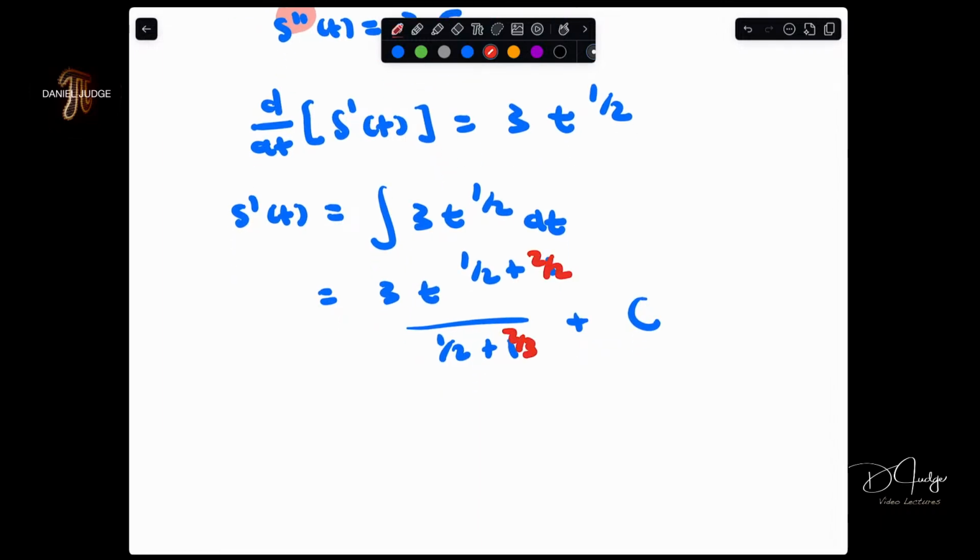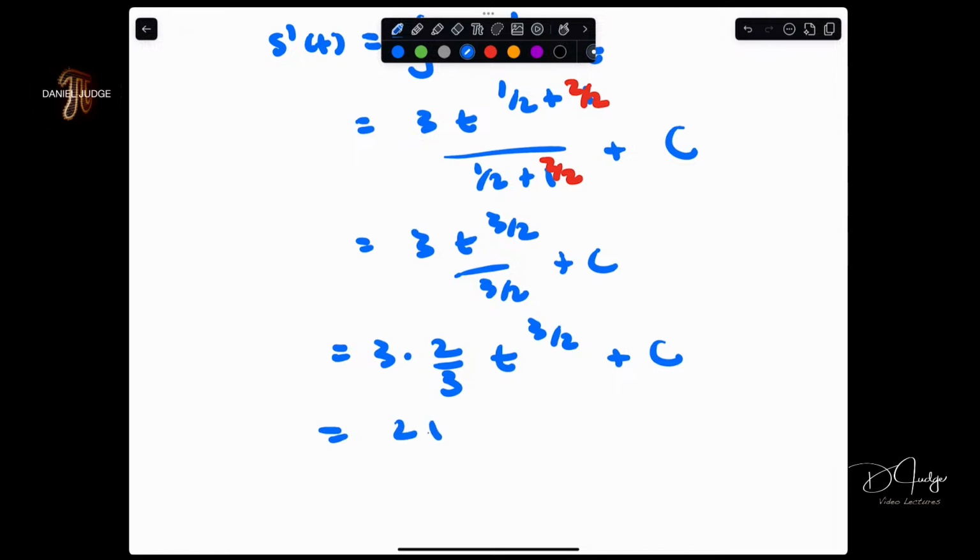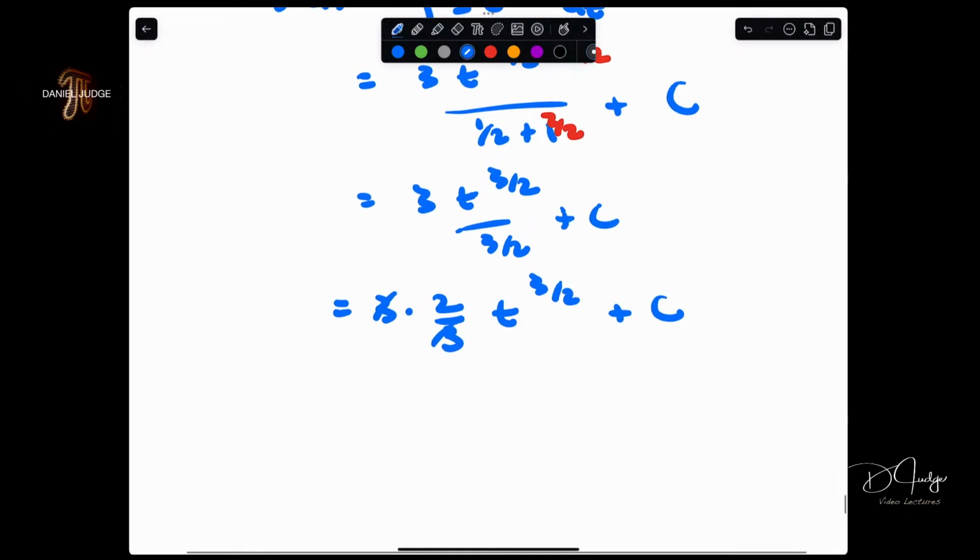So it'll be 3/2, so we get 3t to the 3/2 over 3/2 plus c, which is really 2/3 times 3, so 2t to the 3/2 plus c, which is 2t square root of t plus c, if you want to look at it that way. But let's keep it as the 3/2. Just notice that your 3's cancel. So 2t to the 3/2 plus c. This is that position function now.